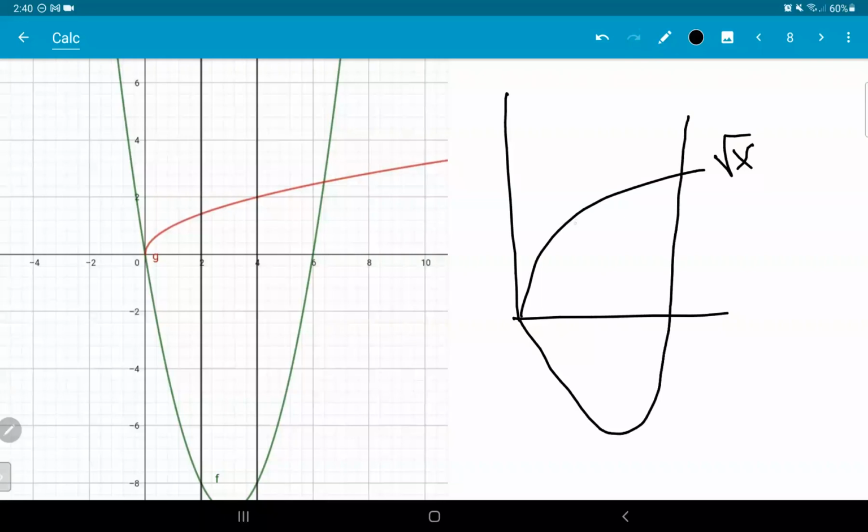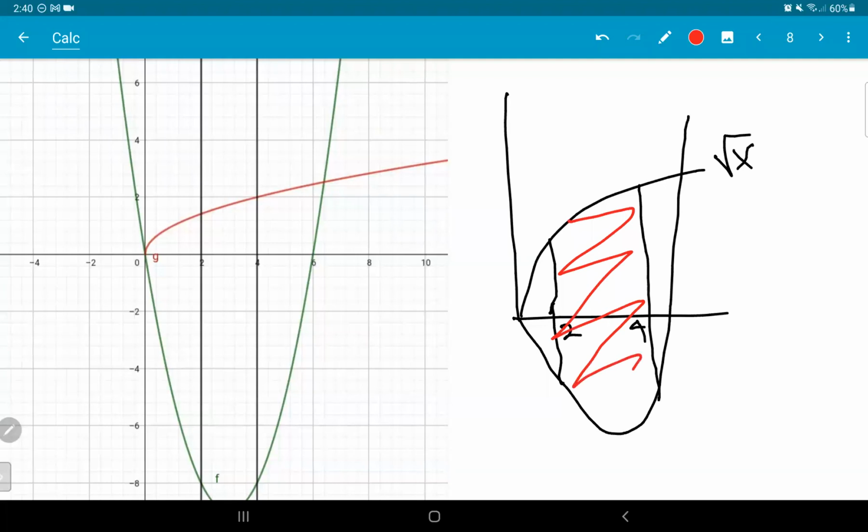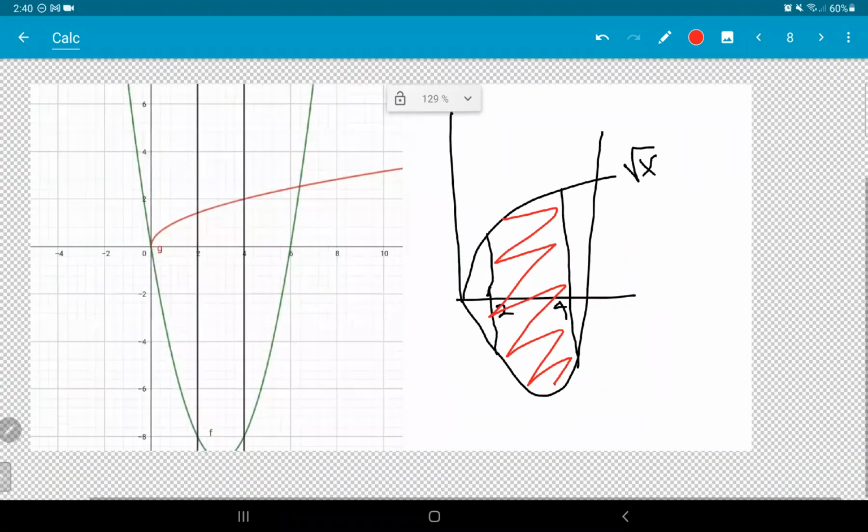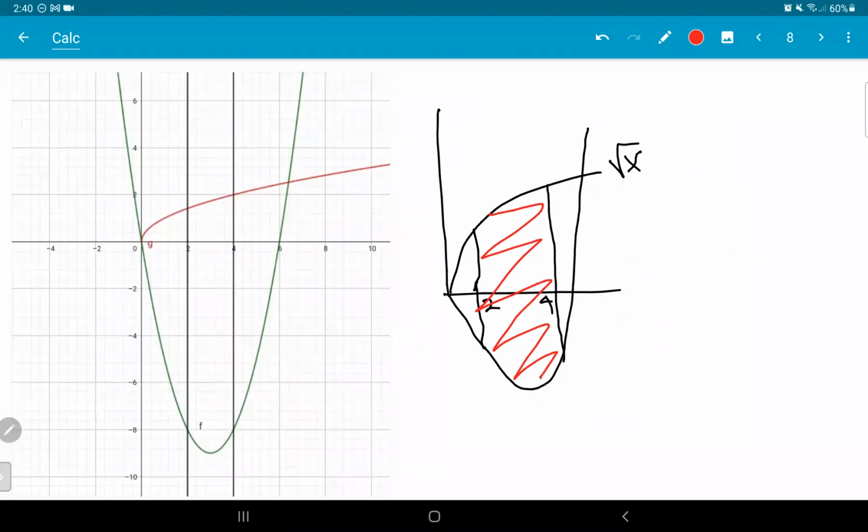Then you have 2 to 4. So this is the region you're considering, and you want the area of that.